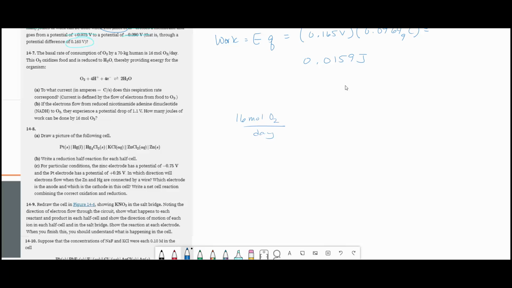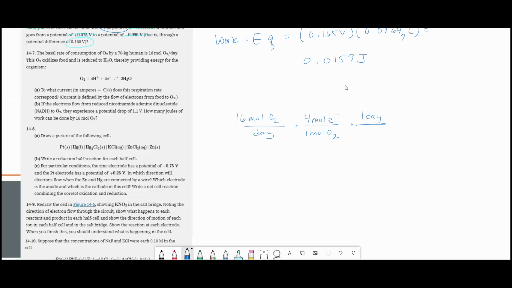So remember, current is going to be defined as a rate, and in this case, it's the flow of electrons from food to oxygen. So moles of oxygen per day, we have 1 mole of oxygen is going to consume 4 moles of electrons. And then we're going to have, let's say we need per day.